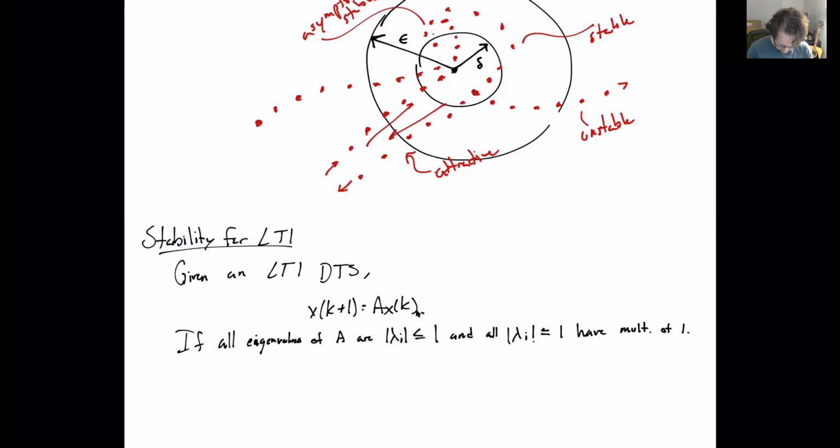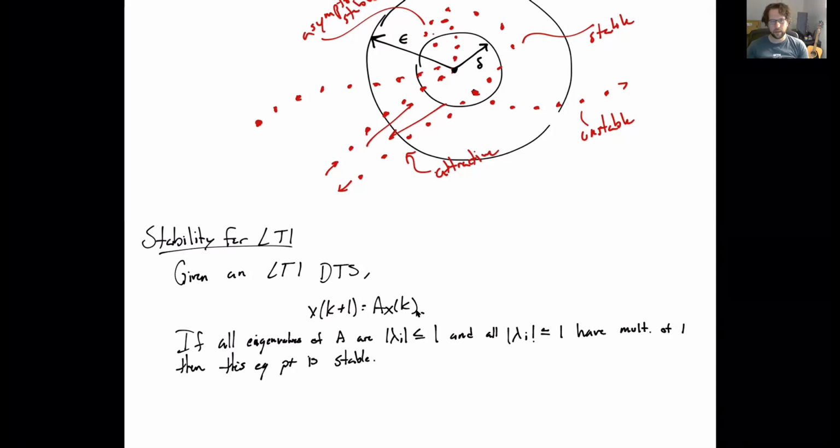All right. Then this equilibrium point is what's called stable, right?